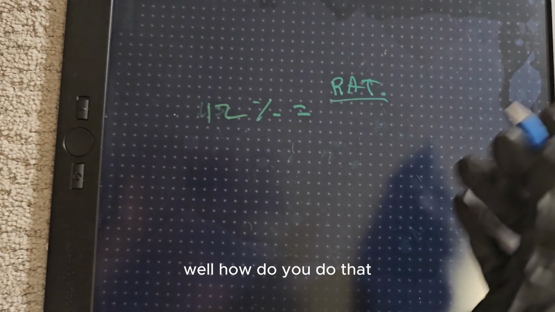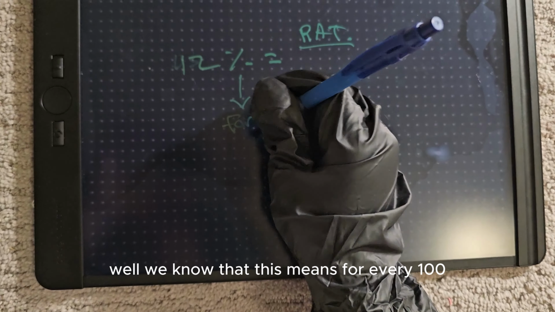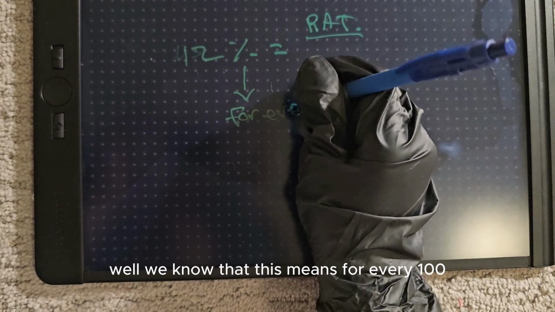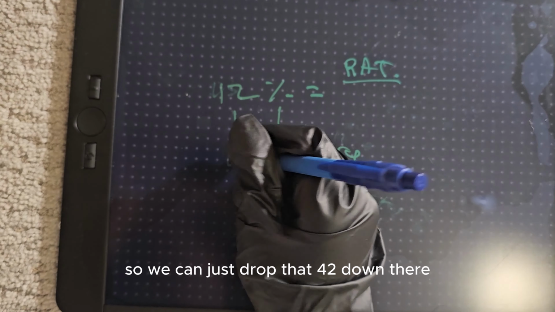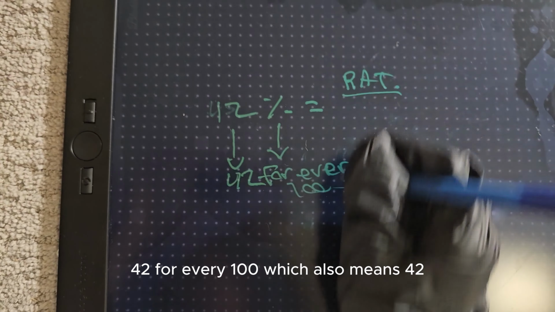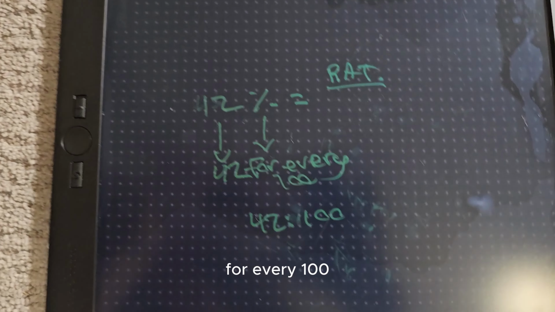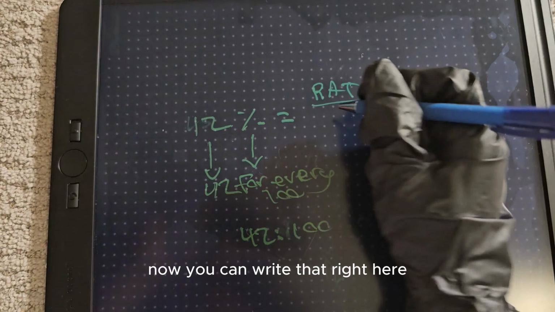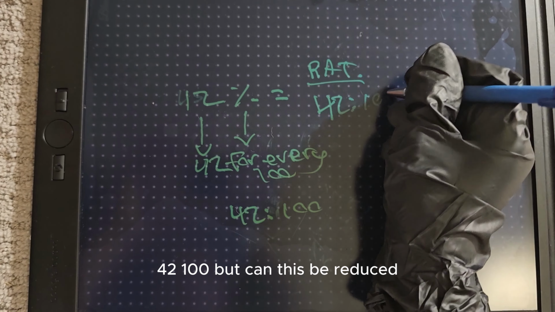Well, how do you do that? We know that this means for every 100, so we can just drop that 42 down there. 42 for every 100. Now, we can write that right here. 42 to 100.